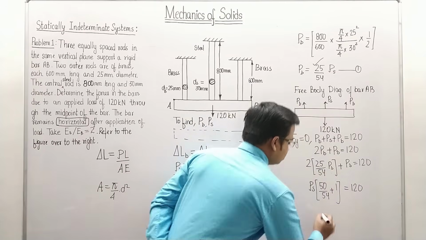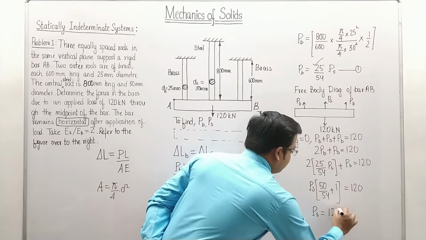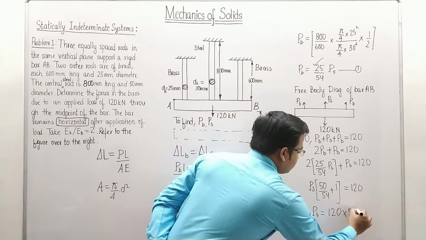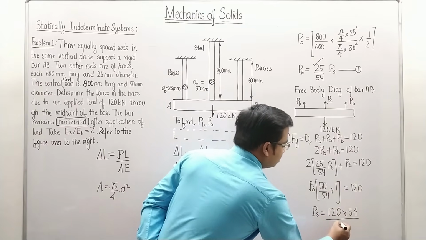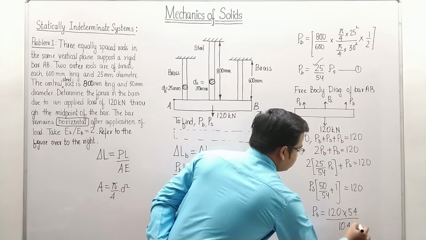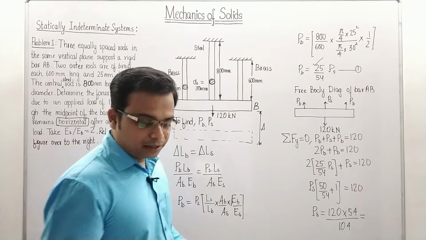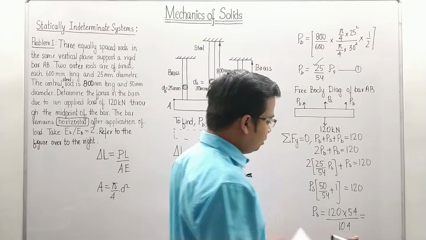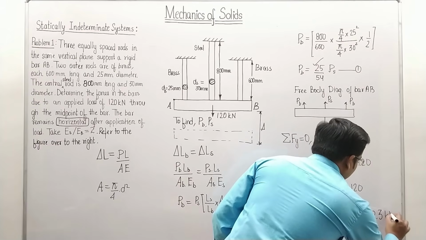This is very simple. PS will be equal to 120 multiplied by 54, the LCM, whole divided by 54 plus 50, which is 104. This is very basic. So the value of PS is going to work out as 62.3 kilonewtons.